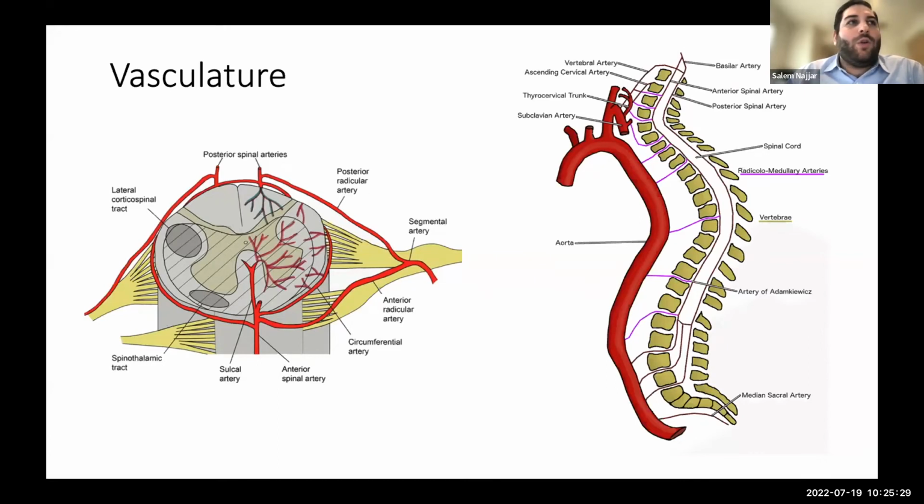Any idea of what sort of dysfunction, just generally, you'd see? Perfect. You guys are right on point. Motor, autonomic could also be affected. You can see here, this circle area, this can definitely be affected.